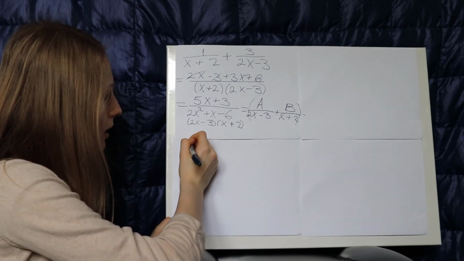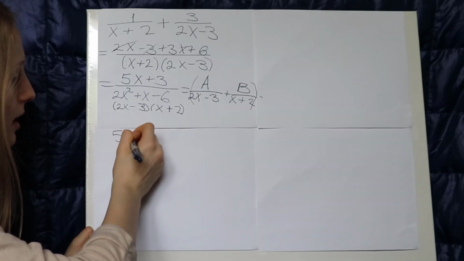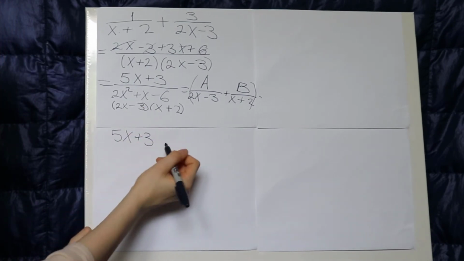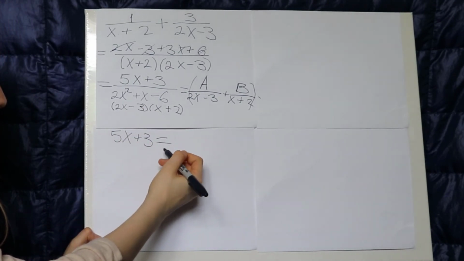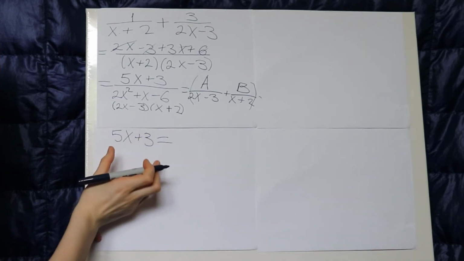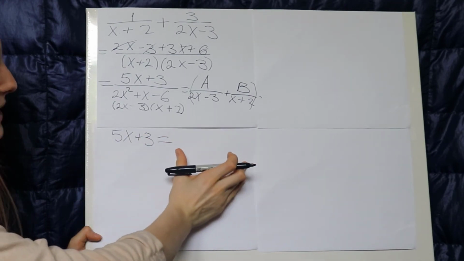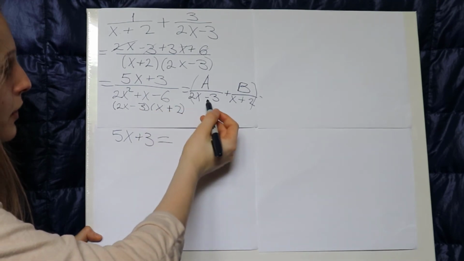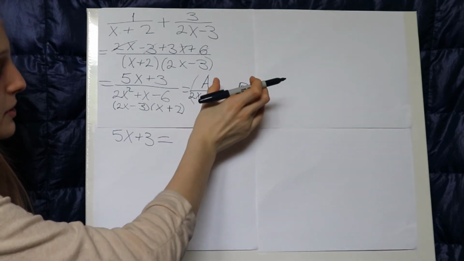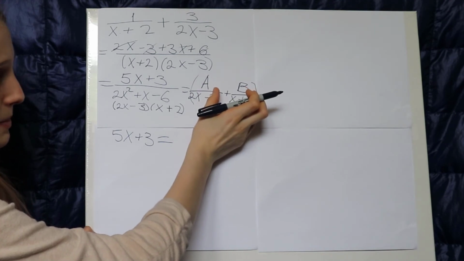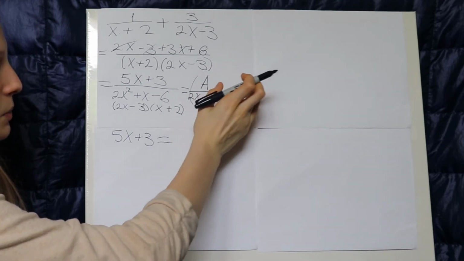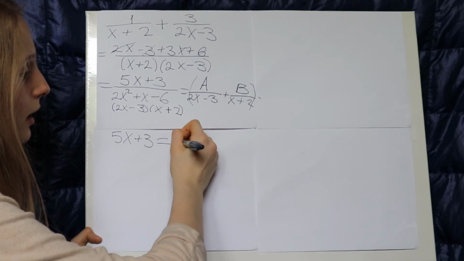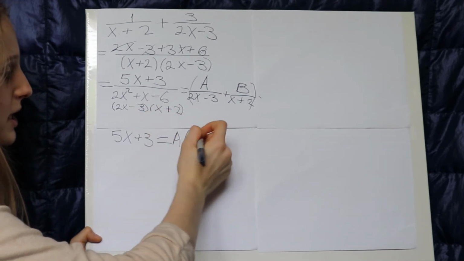We would get 5x plus 3 on this side, and since these would cancel out, on this side this would be all. But on this side, we can cancel out the 2x minus 3 here, because it would be 2x minus 3 times a over 2x minus 3, so we can cancel those out. So we would get a times just x plus 2.